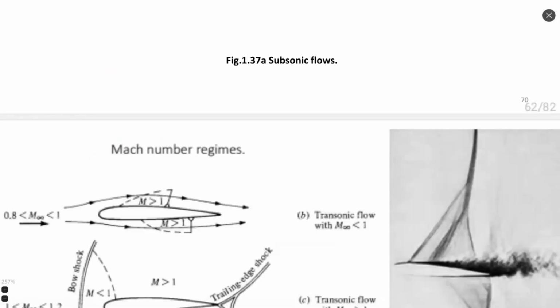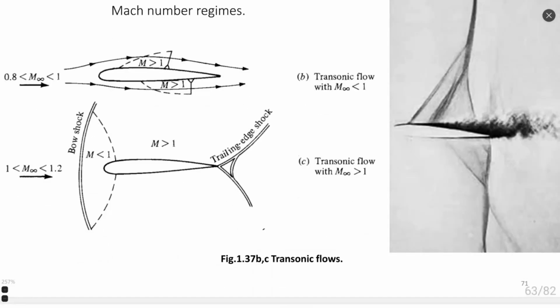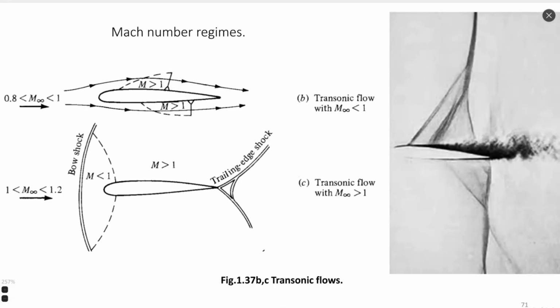Starting from Mach 0.8, we receive the so-called transonic regime. Transonic regime means that there can be several regions of supersonic flow around an airfoil or around any other aerodynamic structure. We have the transonic regime in two different configurations.